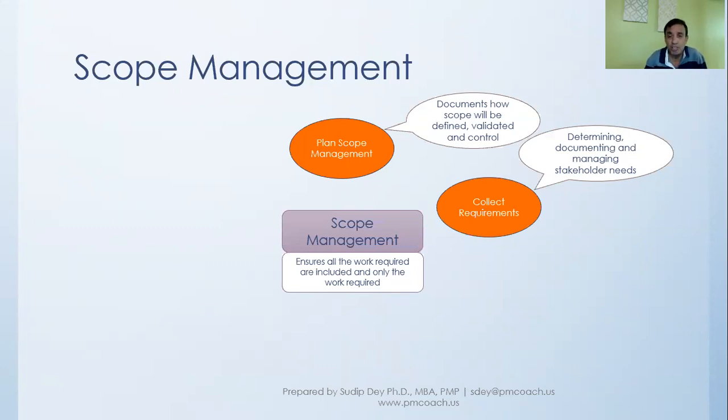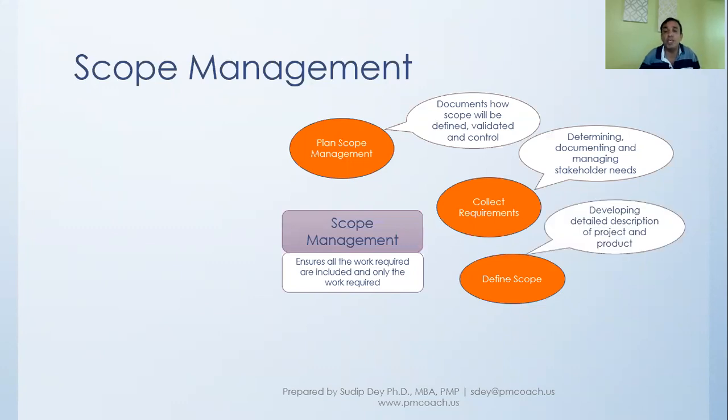Once we have collected requirements, we are now ready to go about defining the scope. Defining the scope is about taking the requirements that we have collected from different stakeholders, putting them together and looking at all the different parameters.